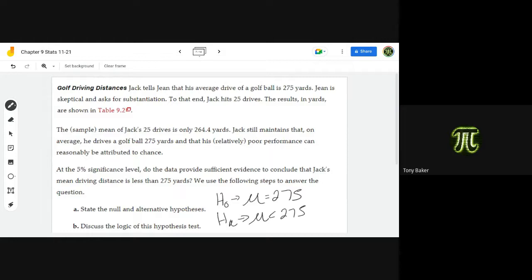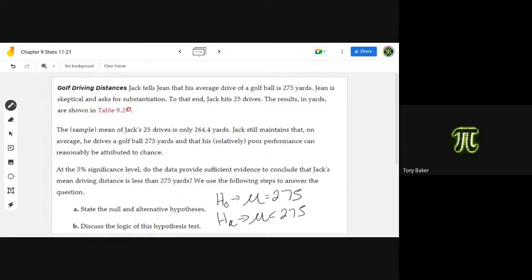And they're asking for a 5% significance level. So within 5%, or 95% accuracy, he's within 275. If the alternate hypothesis is true, that would mean it's outside of that 5%. It's outside of that 95% accuracy, right? So then Gene is right in that Jack really doesn't shoot that high.